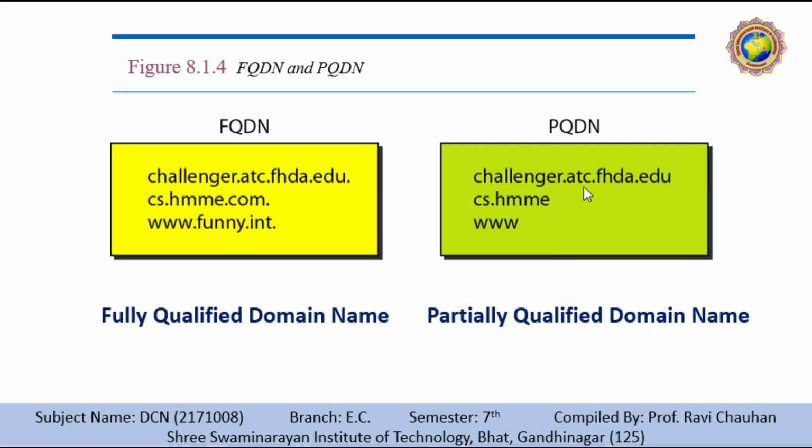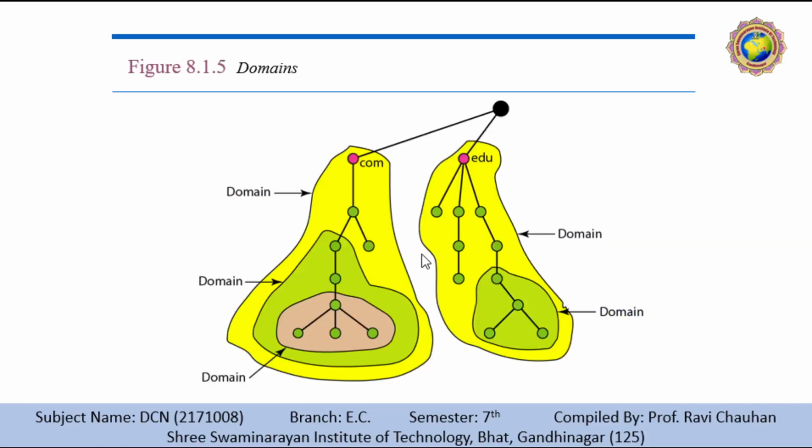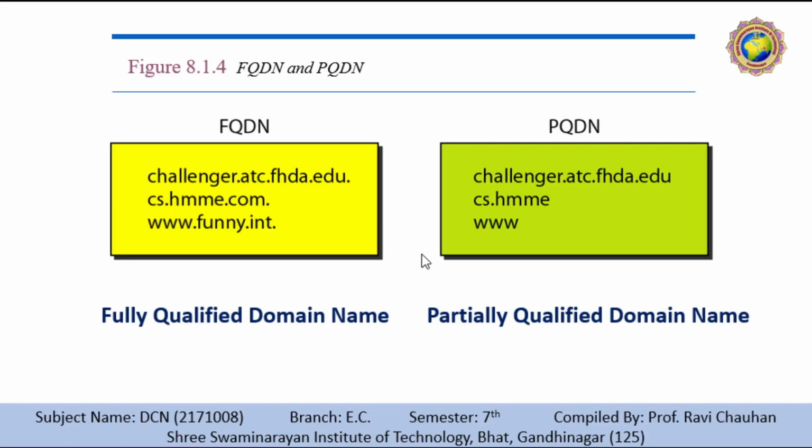So it just adds it before. Fine. The DNS client normally holds a list of suffixes. The following can be a list of suffixes. The null suffix defines nothing. The suffix is added when a user defines a PQDN. Fine.